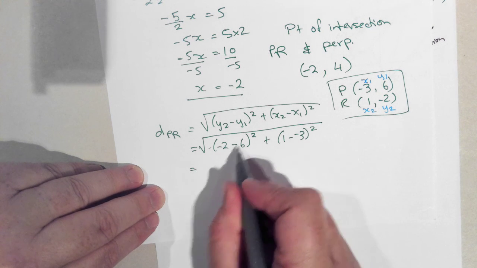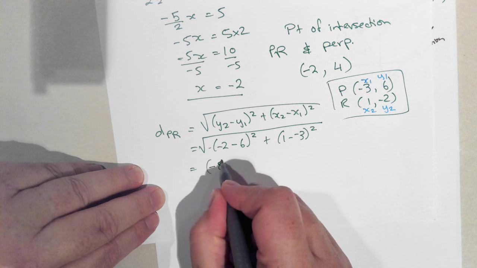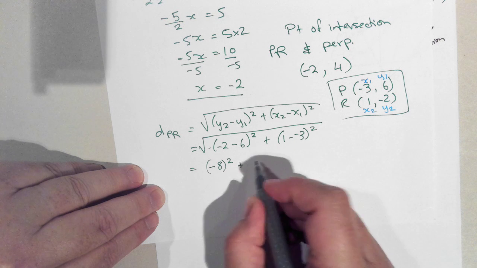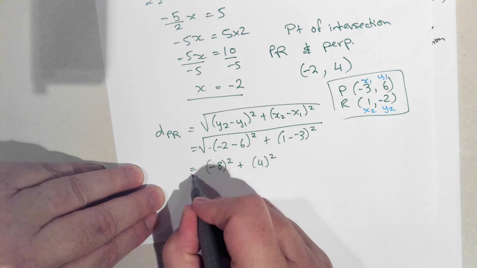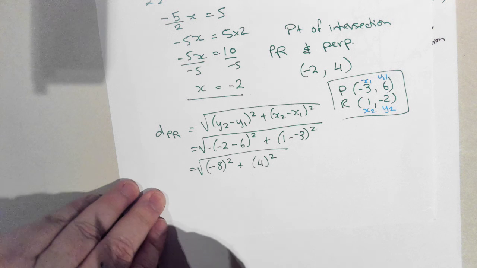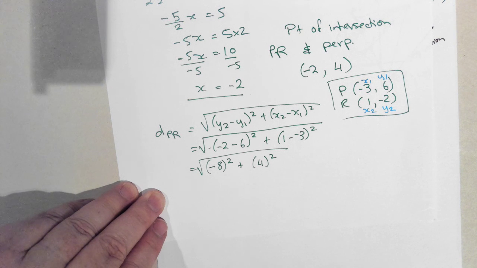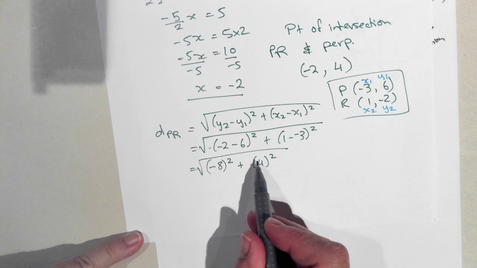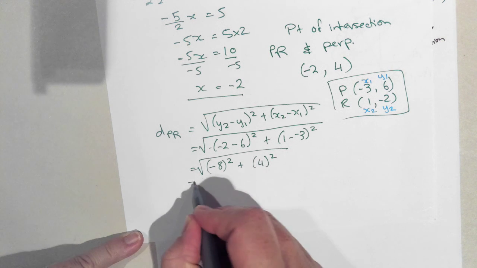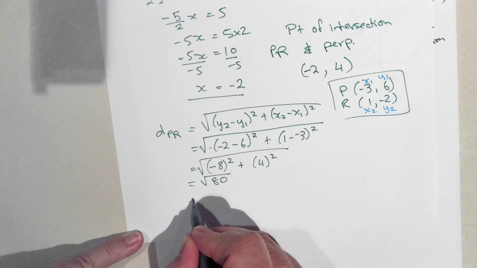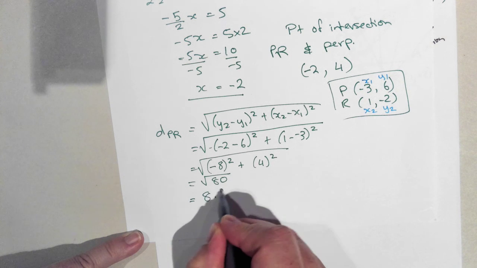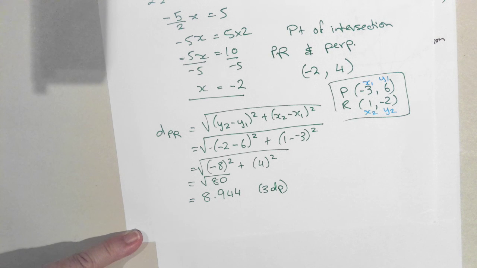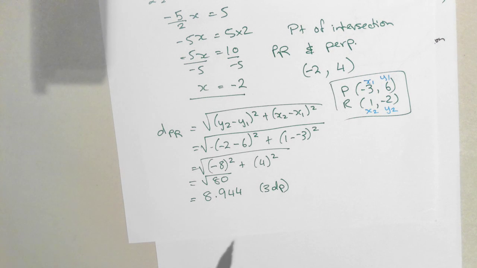So negative 2 take away 6 is negative 8 squared, plus 1 take away negative 3, so that becomes 1 plus 3, which is 4, and I want the square root of that. Negative 8 times negative 8 is 64, plus 4 times 4, which is 16, gives me the square root of 80, which I can turn into a decimal, which is 8.944 to 3 decimal places. Okay, so I've found the distance of PR.